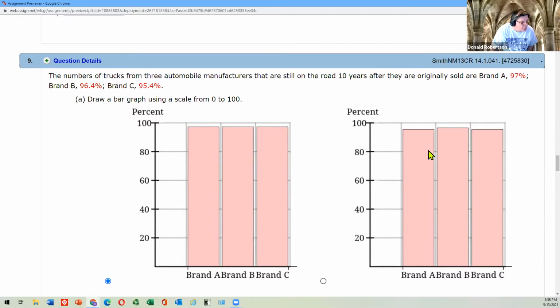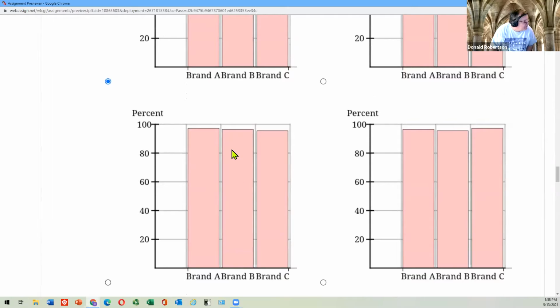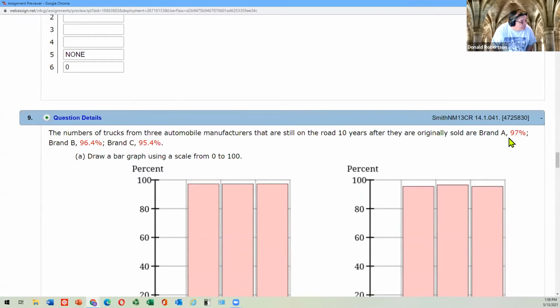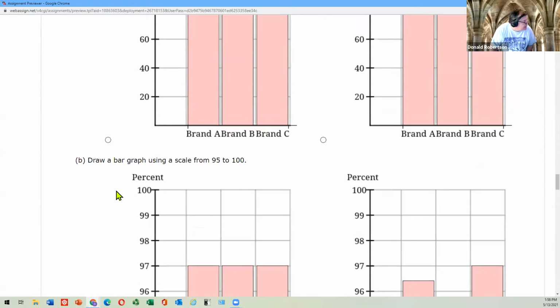But I'm not picking this one because shouldn't brand A be the tallest of the 3 and it's not the tallest? Why should it be the tallest? Because it's got the biggest percentage. So I'm not picking that one. And this one is the biggest. That's right. This one's a little bit less. And this one's a little bit less. Does that follow 97, 96, 95? Yes, it does. It's that one.